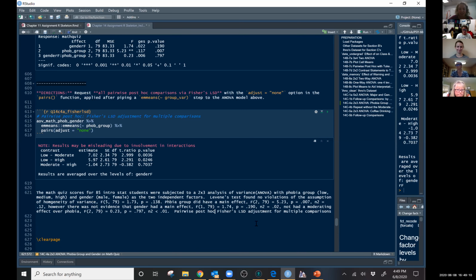Pairwise post hoc comparisons using Fisher's LSD adjustment for multiple comparisons found that students who rated themselves as having low math phobia, scores less than 3, had higher math quiz scores than those in the medium phobia group, which was rated 4.